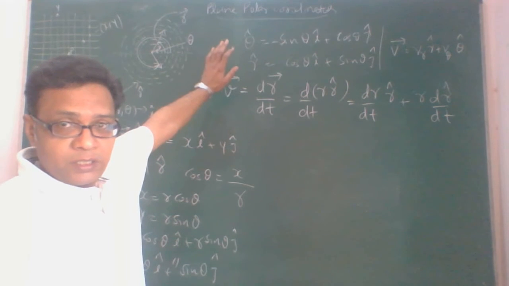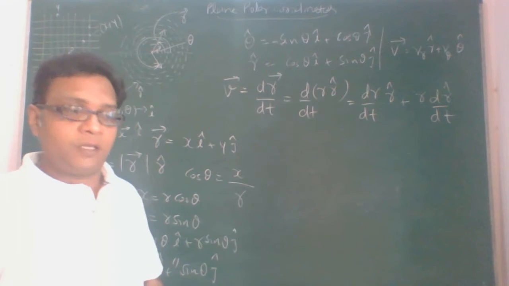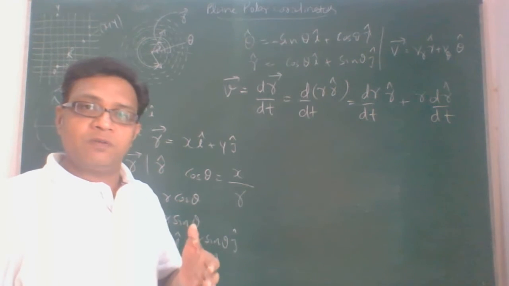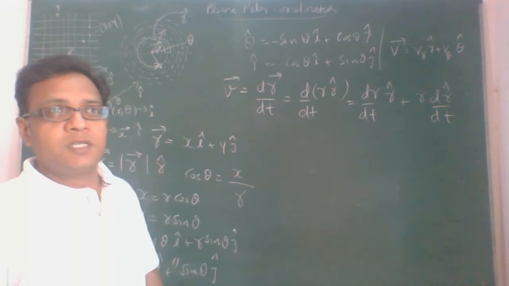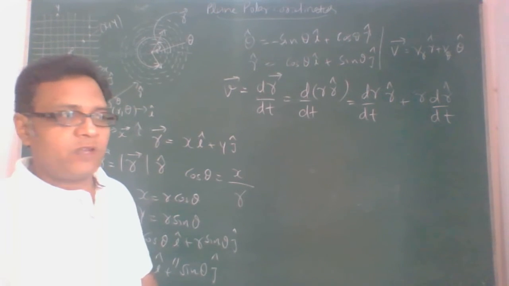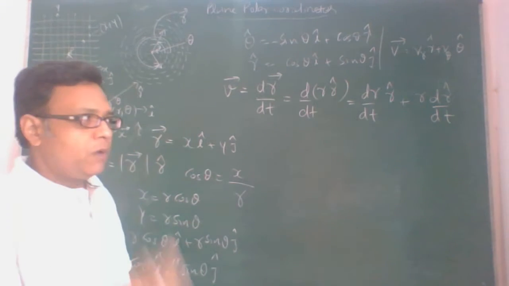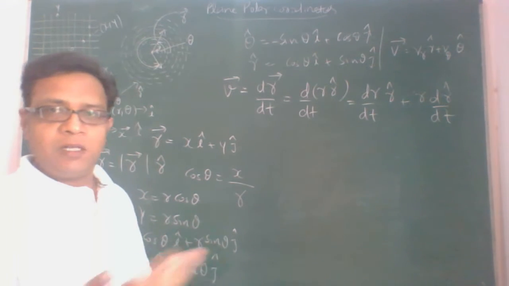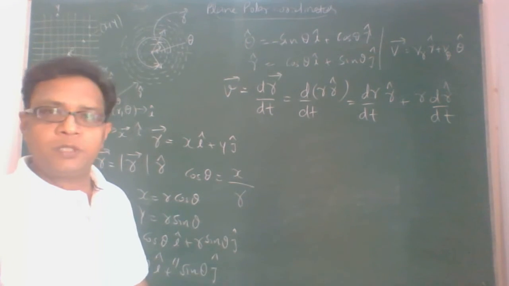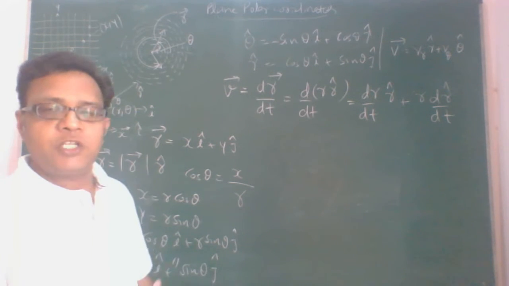The answer is that you can very easily look at the expressions I have written here. Those can give you the hint to get a perception of what kind of motion we are handling now. This is the motion in this two-dimensional plane polar system where the particle can go anywhere. The particle can go radially, tangentially, or in the middle. It is not necessary that it should follow a fixed radius path or a fixed tangential path.